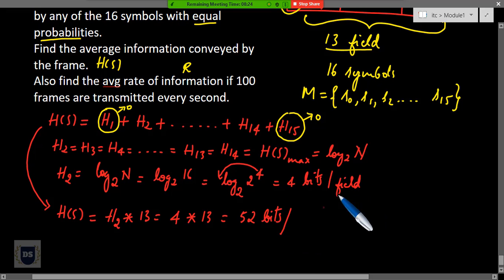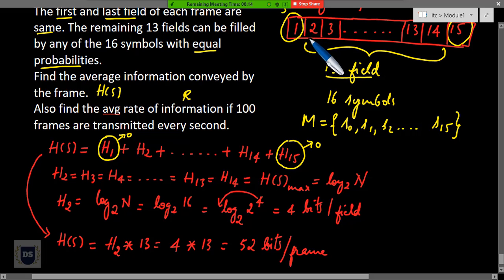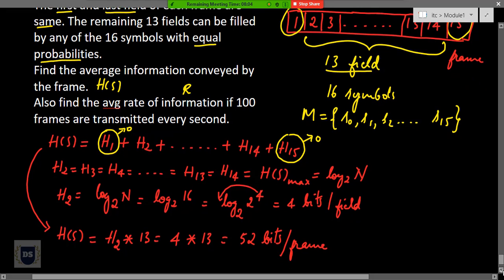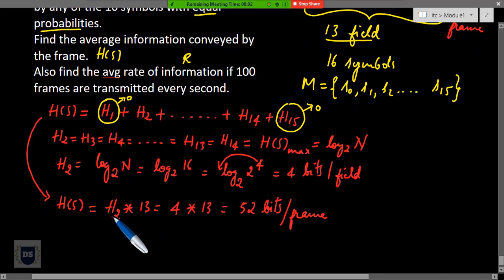Now I'll change this field to frame, because all these individual 13 fields along with field number 1 and field number 15 make up a frame, and because I have multiplied the individual field value 13 times, I'll be getting it for a single frame. So the overall entropy value will be 52 bits per frame.